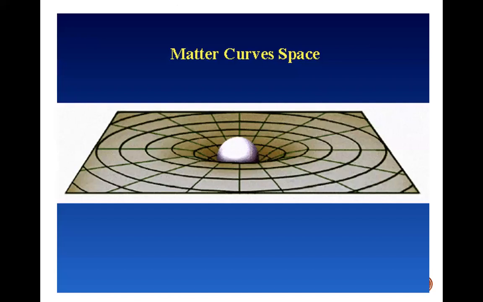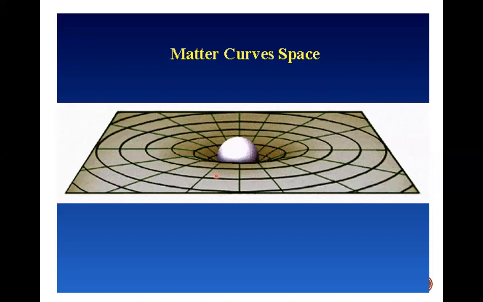Now, here is an example of how it looks. In this particular figure, you have a heavy mass at the center right here. Once you put a heavy mass there, the surface around it is curved, right? If not, it would be a flat surface. But when you put a mass, the surface curves around it. This can be interpreted with a very simple example.